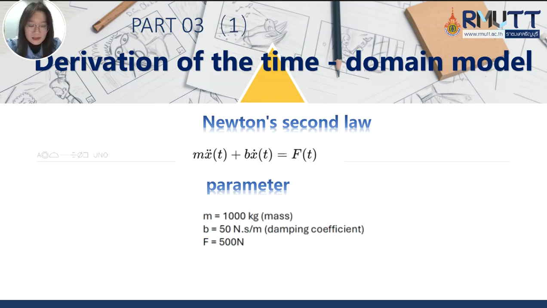After understanding this system structure and mechanical relationships, we can derive the time domain model based on Newton's second law. Newton's second law tells us that the acceleration of an object is directly proportional to the net force acting on it and inversely proportional to the mass of the object.